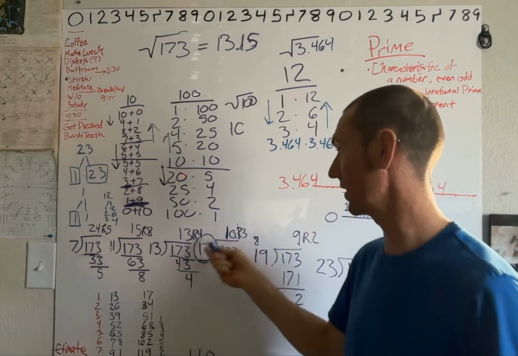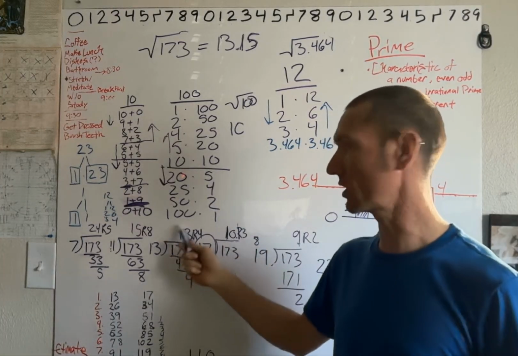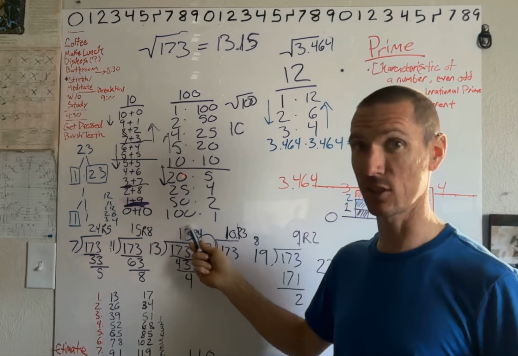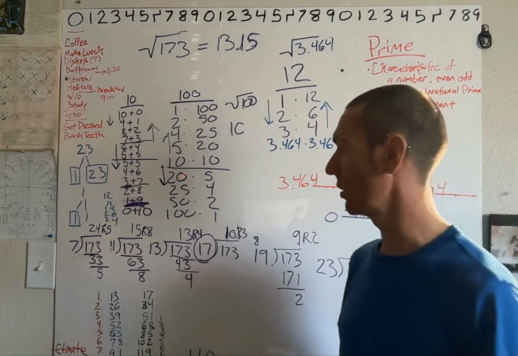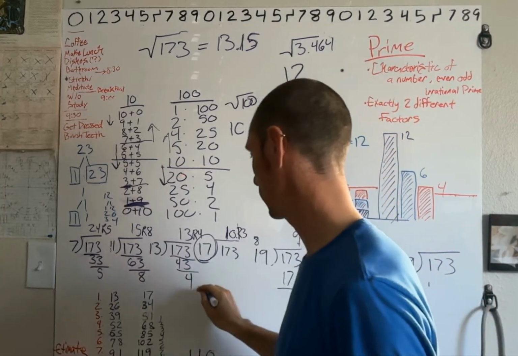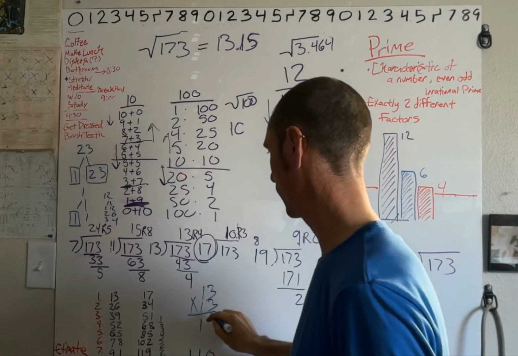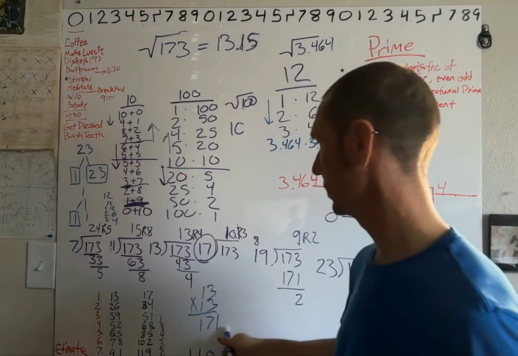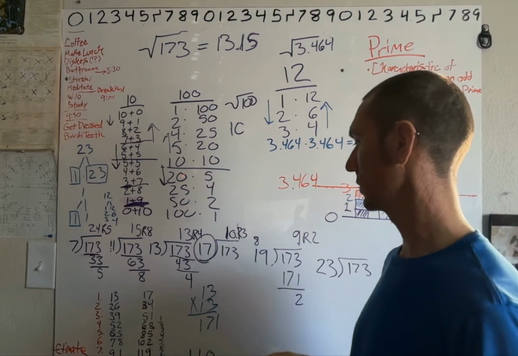a number that is smaller than the square root, because 13 times 13 is still smaller than 173. 13 times 13 is 171, I think. 169.